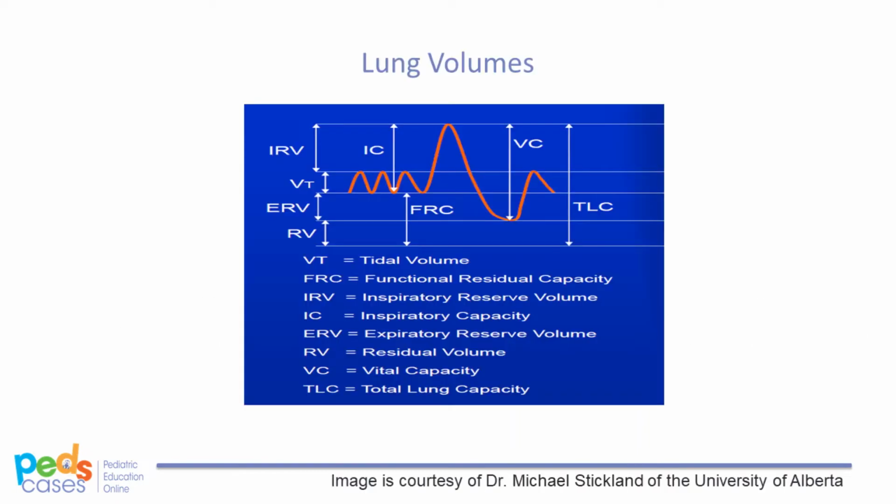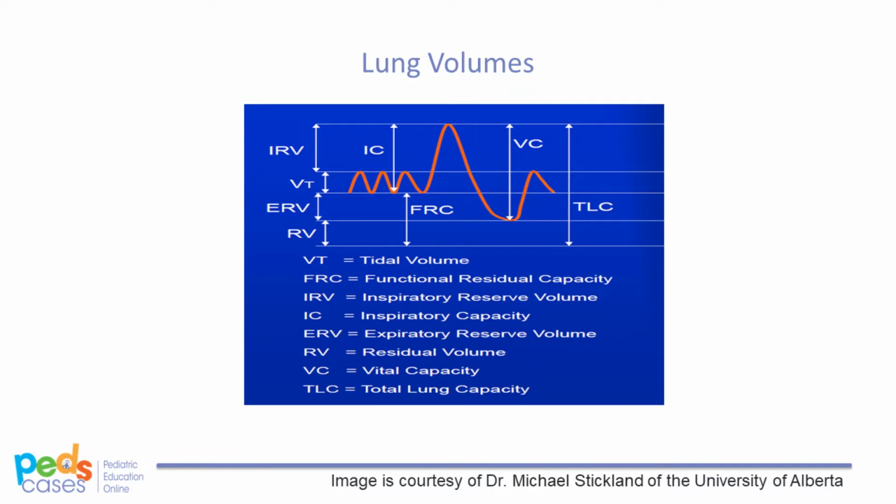To better understand spirometry, we need to understand basic lung volumes. If you're listening to the audio version of this podcast, you can find diagrams explaining these concepts at www.pedscases.com.